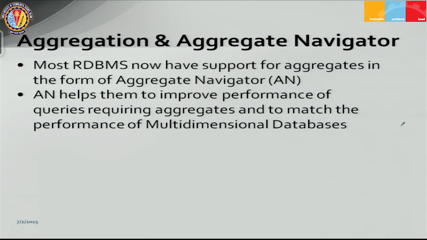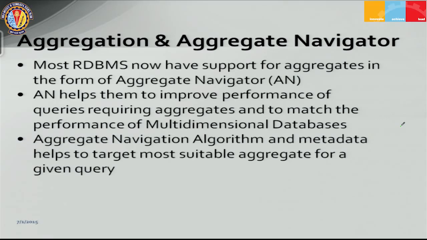So this concept of aggregate navigator is very useful. The aggregate navigator uses the aggregate navigation algorithm and the metadata to target the most suitable aggregate for a given query. So it does the matching.